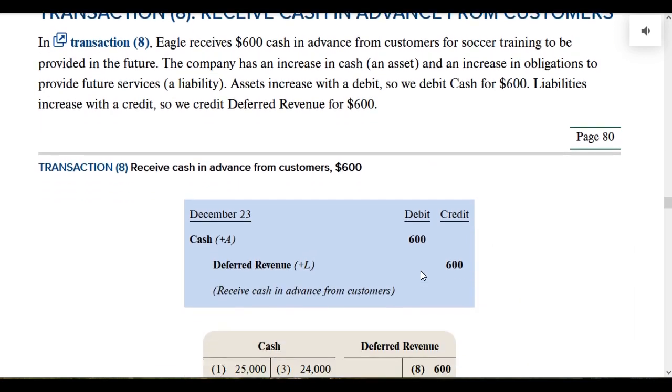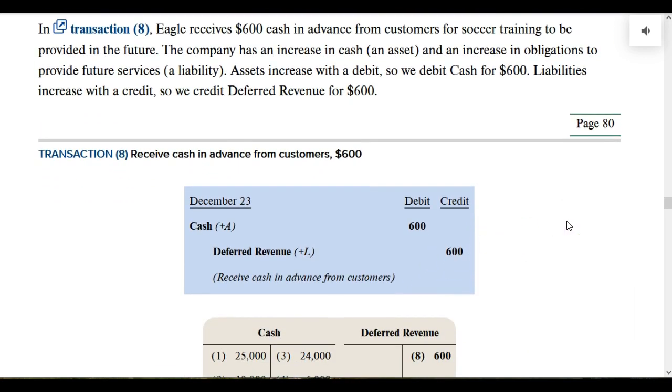Transaction 8. On this one, remember that customers paid us in advance. We've not earned it yet. We've not provided the service. Cash is coming in the door, so we need to increase the cash account with this debit, right? Deferred revenue is the liability account. This shows that we owe someone something.